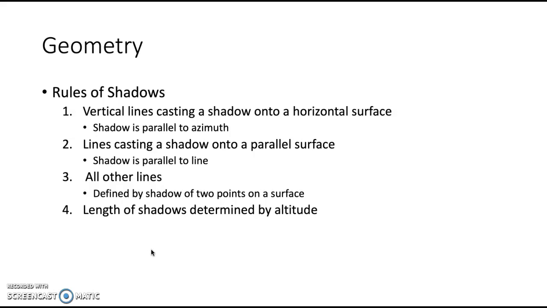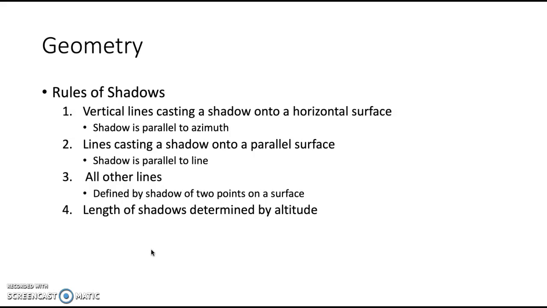Our second rule has to do with lines casting a shadow onto a parallel surface, horizontal lines onto a horizontal surface, or vertical lines onto a vertical surface. In both cases, the shadow is parallel to the line. A vertical element will cast a vertical shadow on a vertical surface.